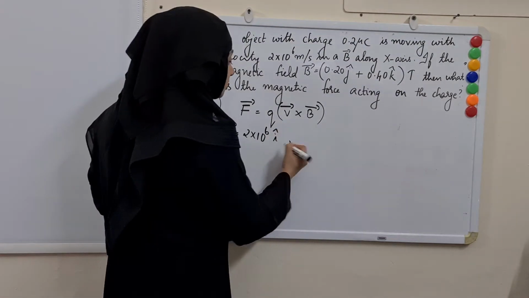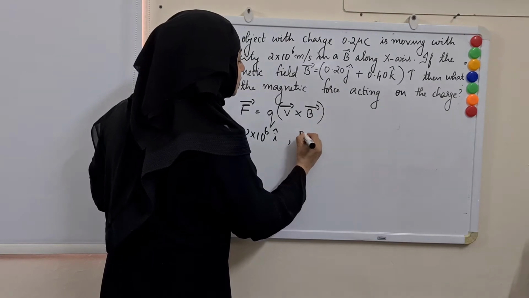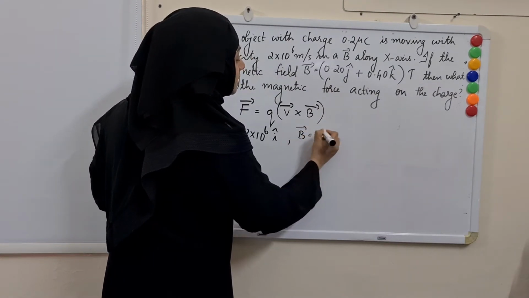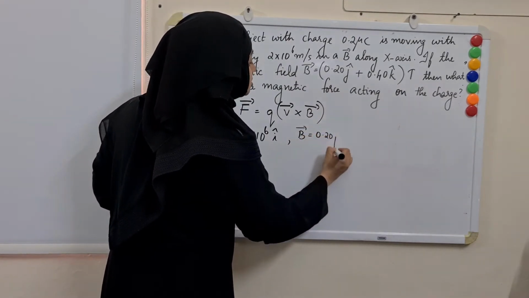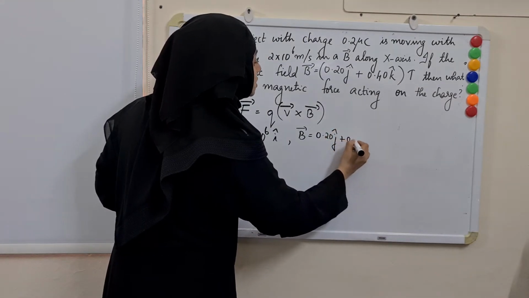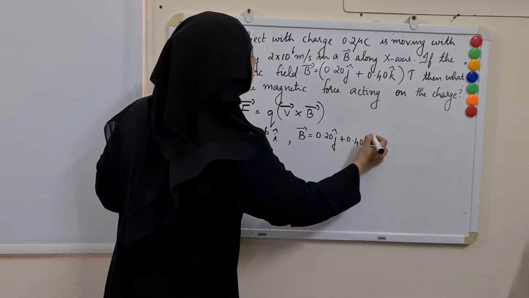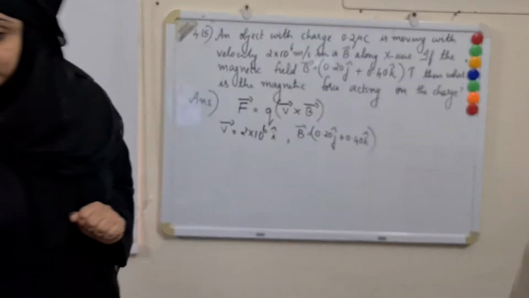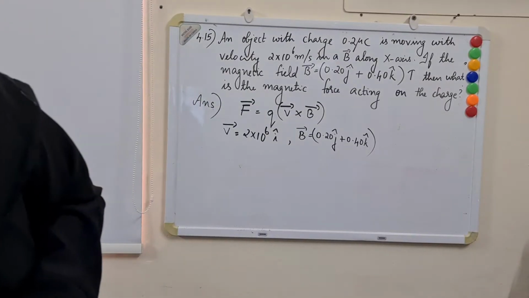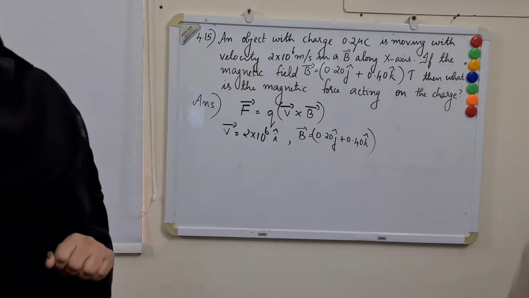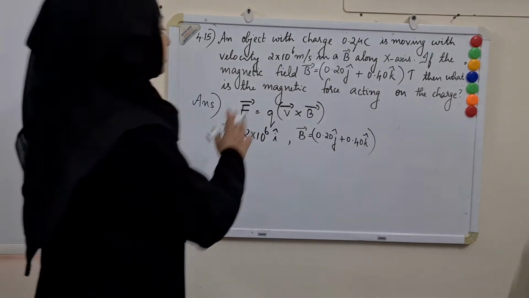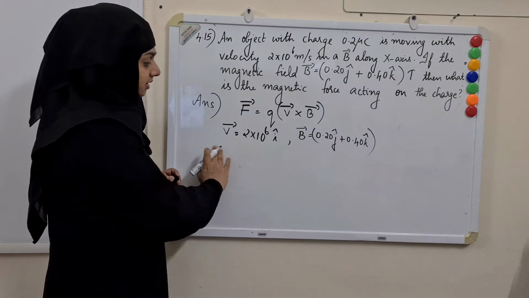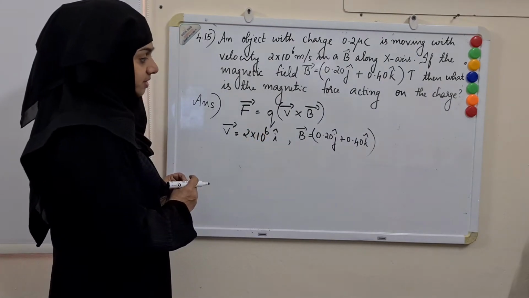Now we know what B is. B is equal to 0.20 j cap plus 0.40 k cap. Let me verify the velocity is 10 raised to 6, meter per second. Okay, this is the way it can be represented.